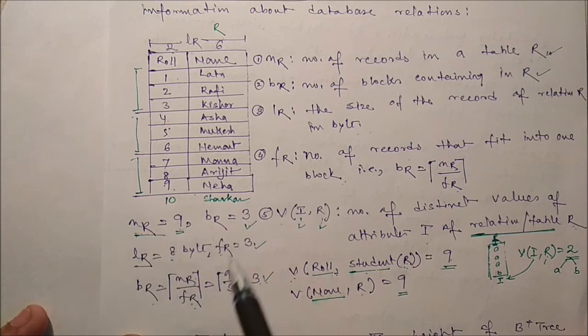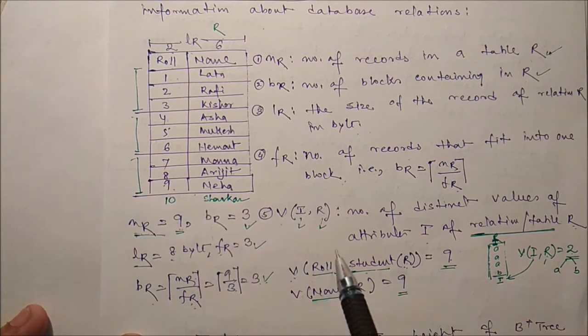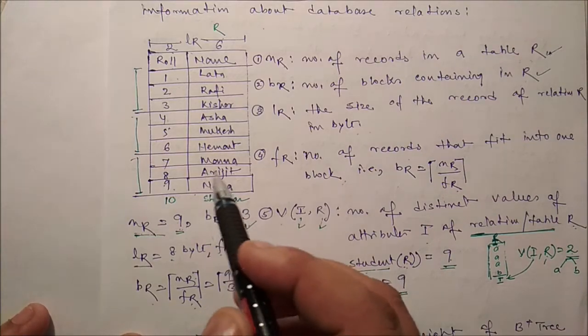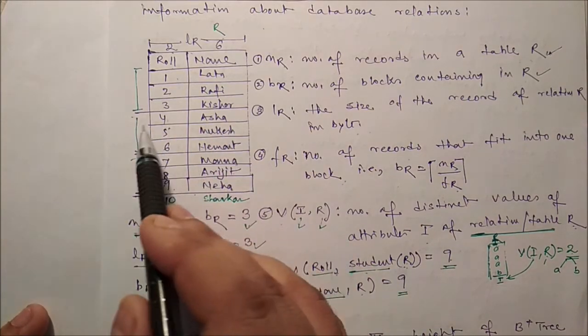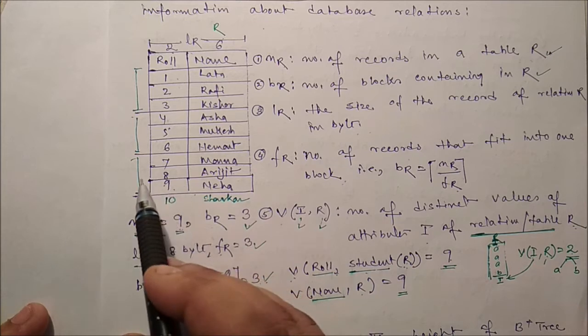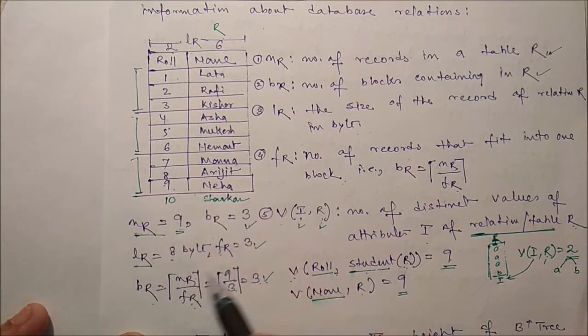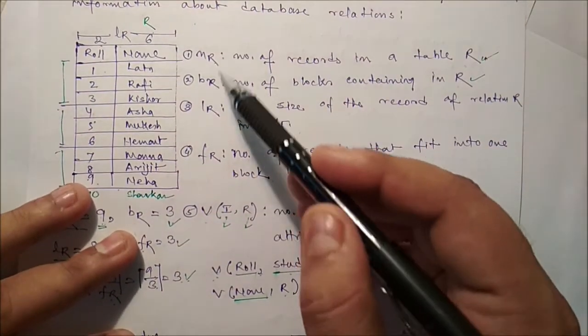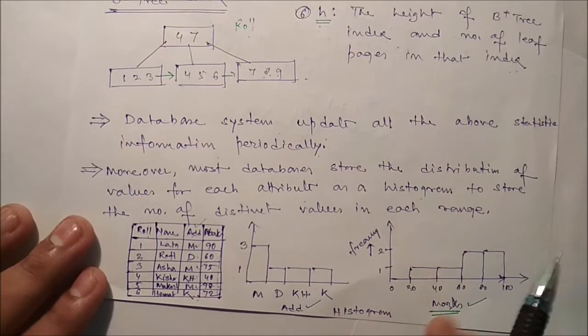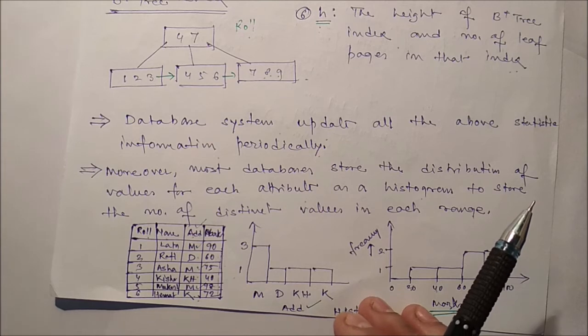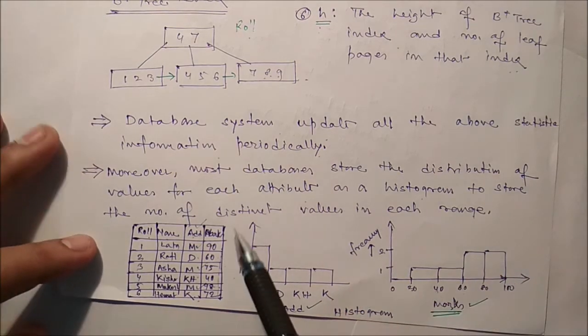We have to update NR, we have to update the distinct values and so on. Or suppose any one of the students needs to leave this particular college. Suppose Arijit wants to leave this college. So definitely once again we have to update this information. That's why periodically we have to update all this statistical information: NR, BR, IR, FR, H, everything. Got it? So every time we have to update this information periodically.